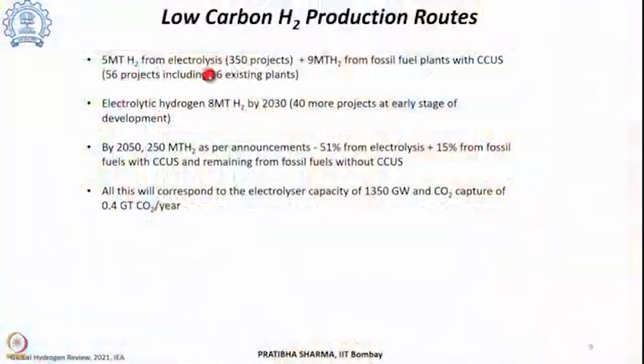Now, if we look at the plants which are coming up, those already under construction or at a later stage of planning for commercialization development, then roughly about 350 such electrolysis projects are there, which could account for 5 million tons of hydrogen produced through the electrolytic route.